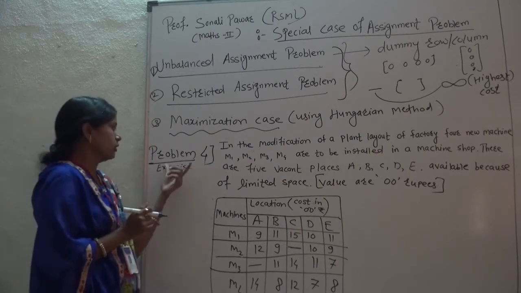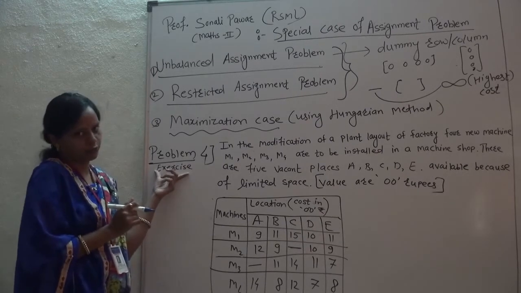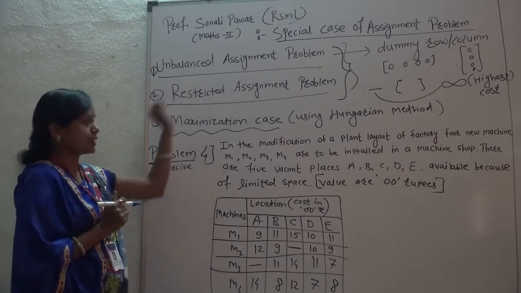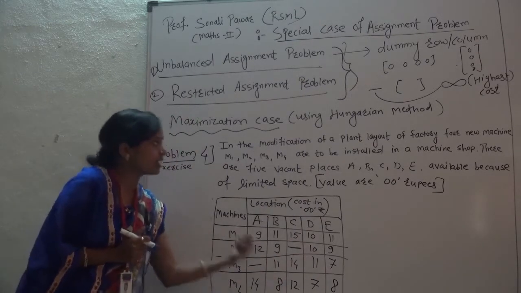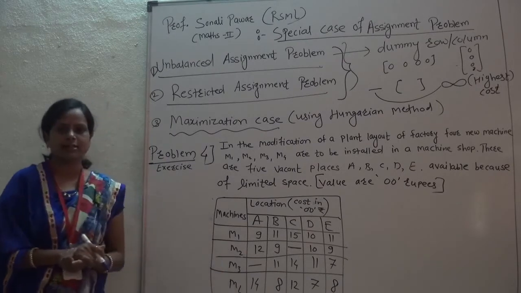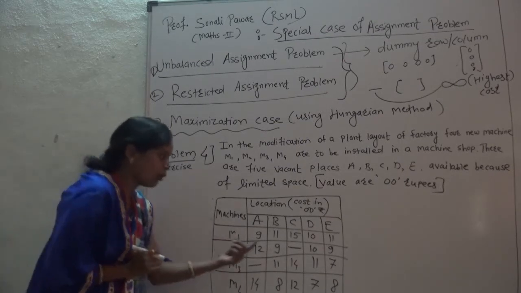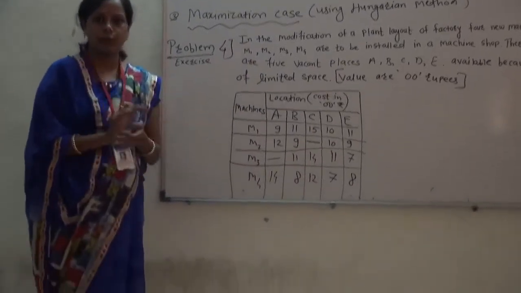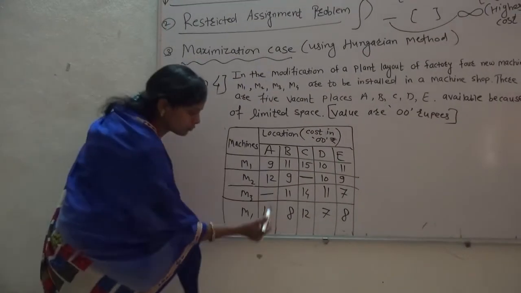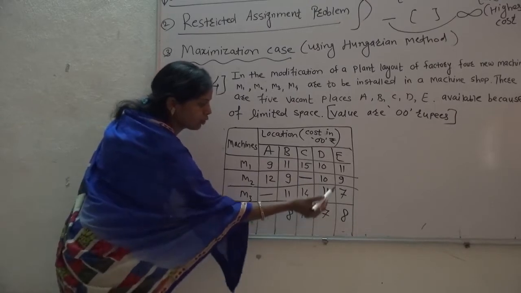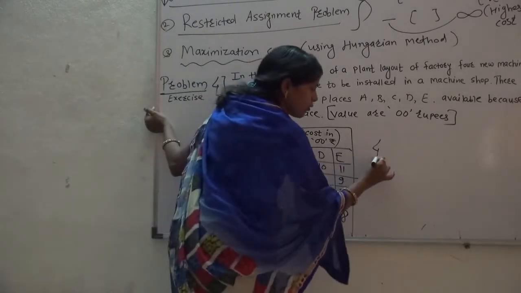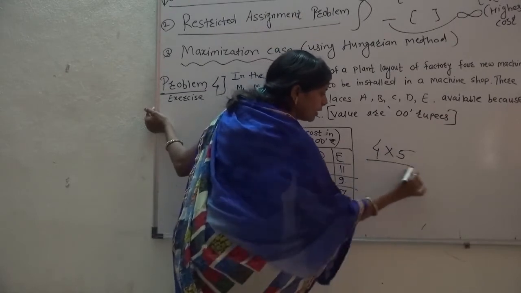So see here, problem number 4 from exercise 7.1, of the type special case: unbalanced assignment problem and restricted assignment problem. How many rows? First, second, third, fourth. There are only 4 rows. And how many columns? 1, 2, 3, 4, 5. So there are 5 columns, so this is a matrix of order 4 by 5.